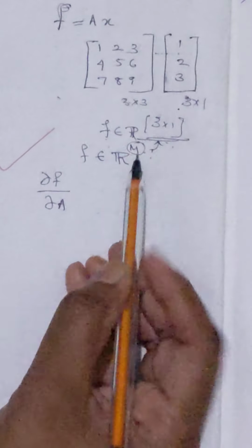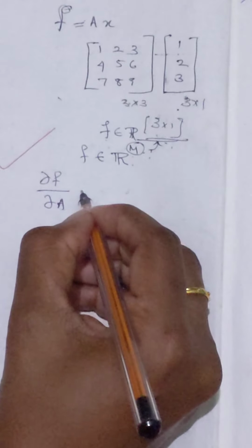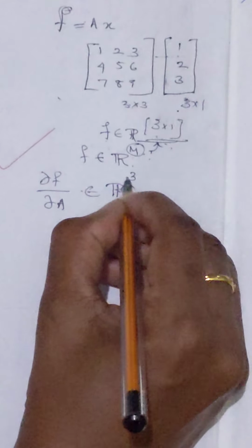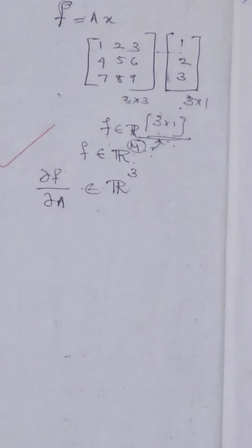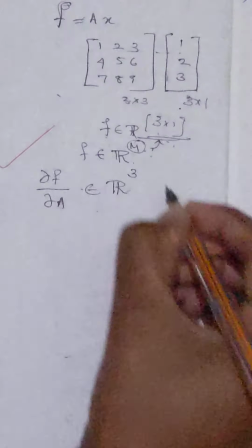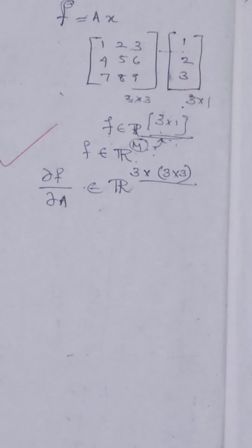F is of size 3, so it belongs to the real numbers of size 3, and A is the matrix of size 3 by 3. This will be the dimension of the derivative del f by del A, if we take the partial derivative of any function with respect to A.